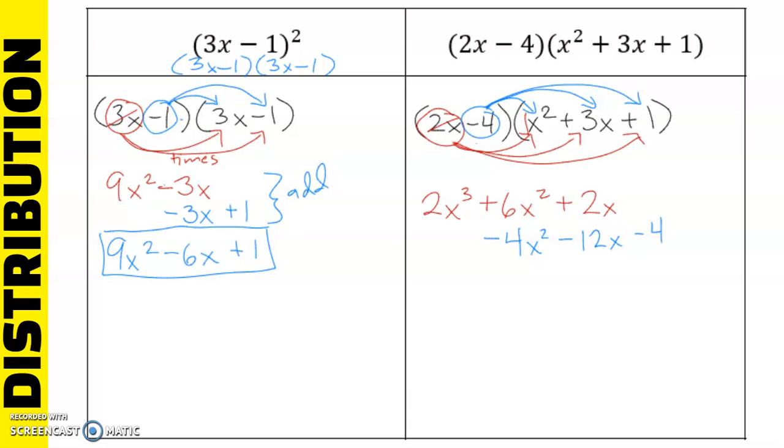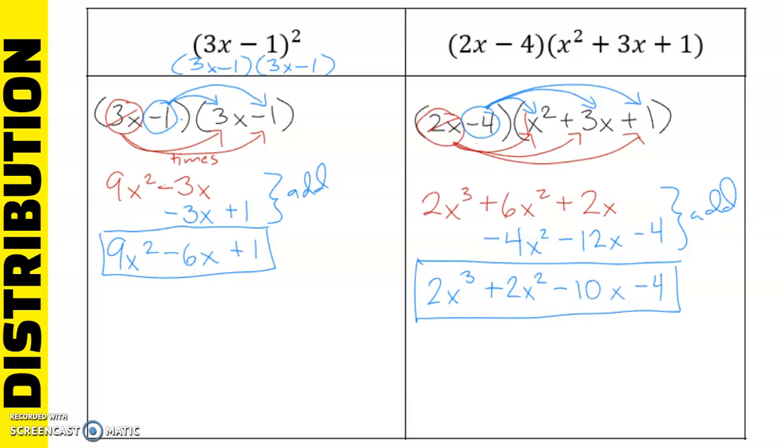I've multiplied that times everything. I am ready to combine like terms, so I get 2x cubed. 6x squared minus 4x squared is going to be positive 2x squared. 2x minus 12x is -10x. And minus 4. Even though it's long, we still are able to do it, and that would be my product.